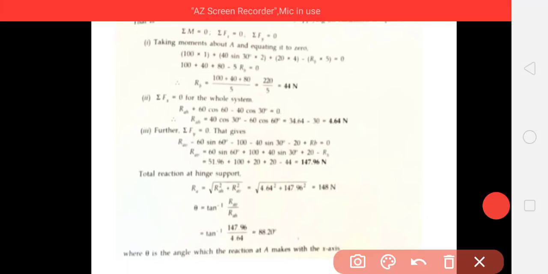The reactions RAV, RB, and RAH can be evaluated by applying the conditions of equilibrium. What are these conditions?